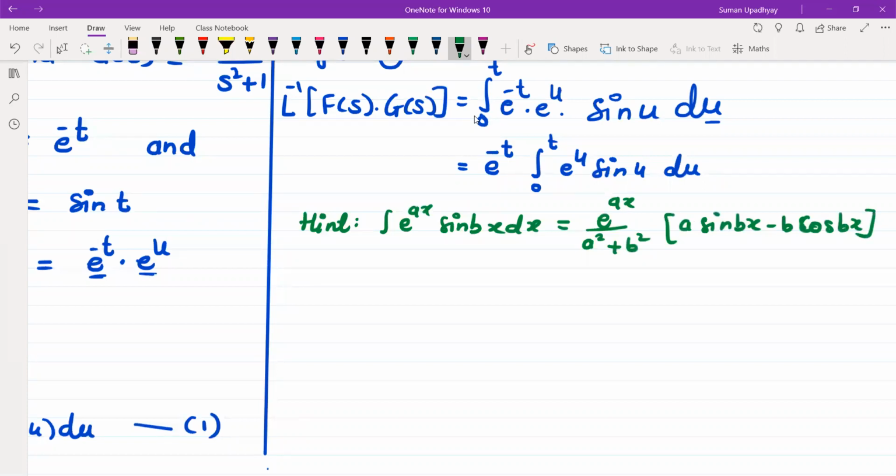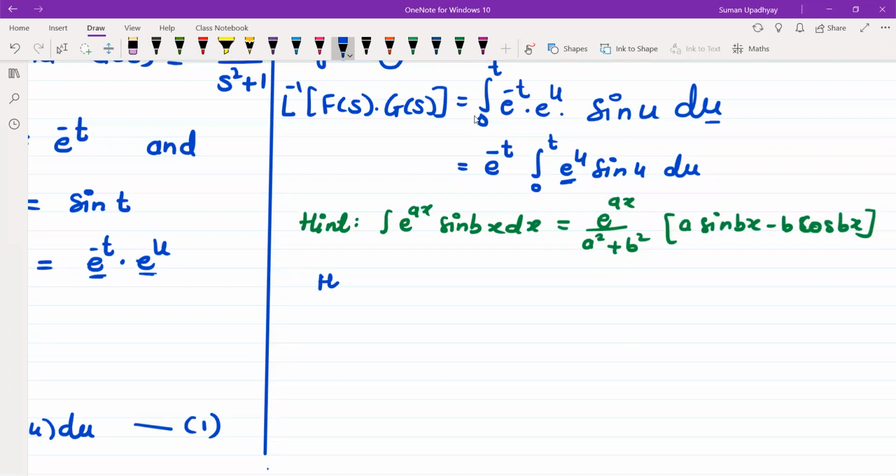Okay, what is a and b? From where will you get a and b? The coefficient of u from the exponential will give me a, and the sine coefficient will give me b.